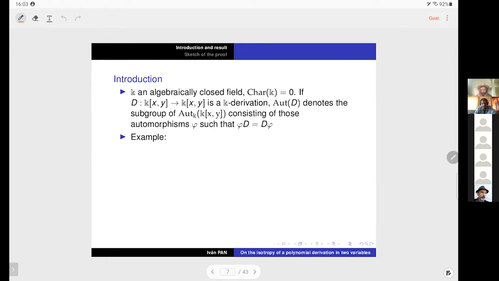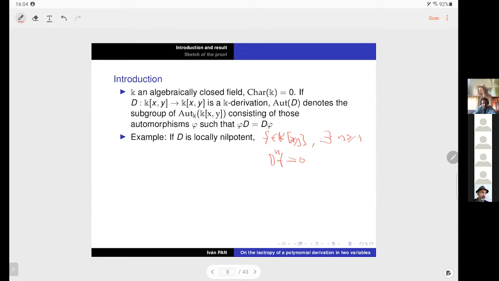Let us give a first example here. Consider D to be a locally nilpotent derivation, that is, for any polynomial there exists a positive integer such that the nth power of the derivation annihilates this polynomial.